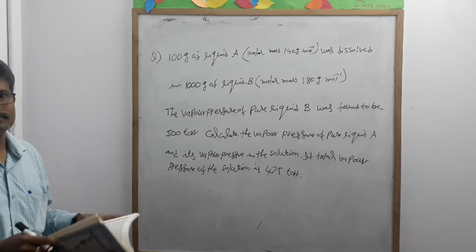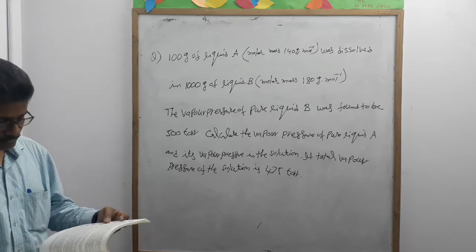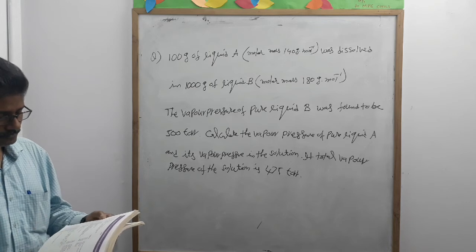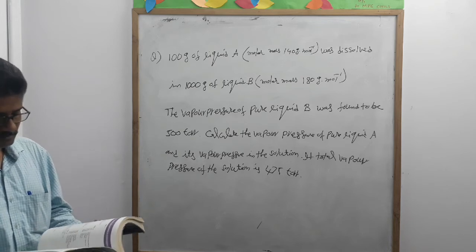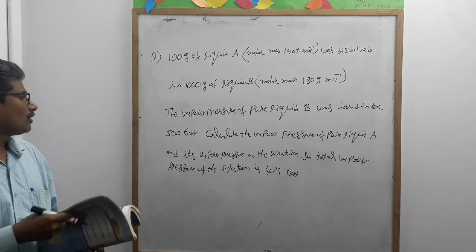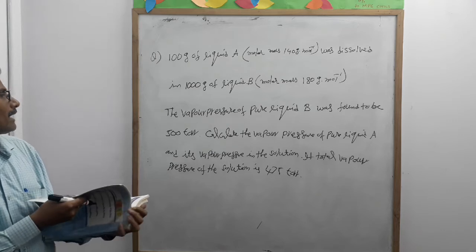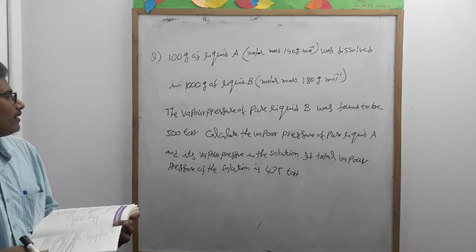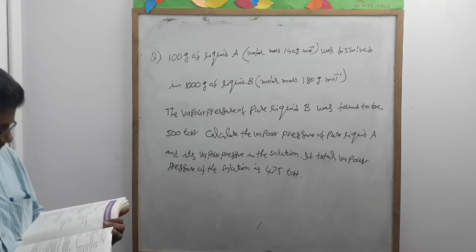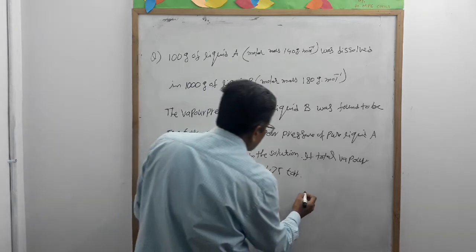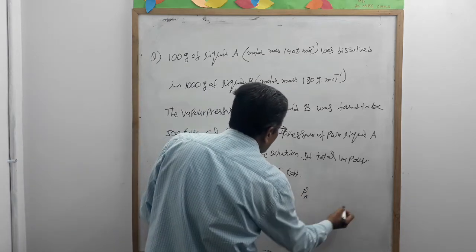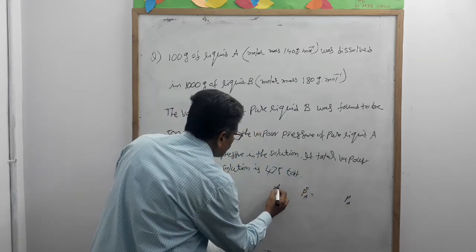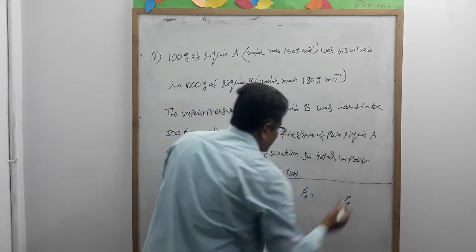Same model question. First note down 2.36. Calculate the vapor pressure of pure liquid A and vapor pressure in the solution. Means he is asking P naught A and PA. Answers are, please try this one.